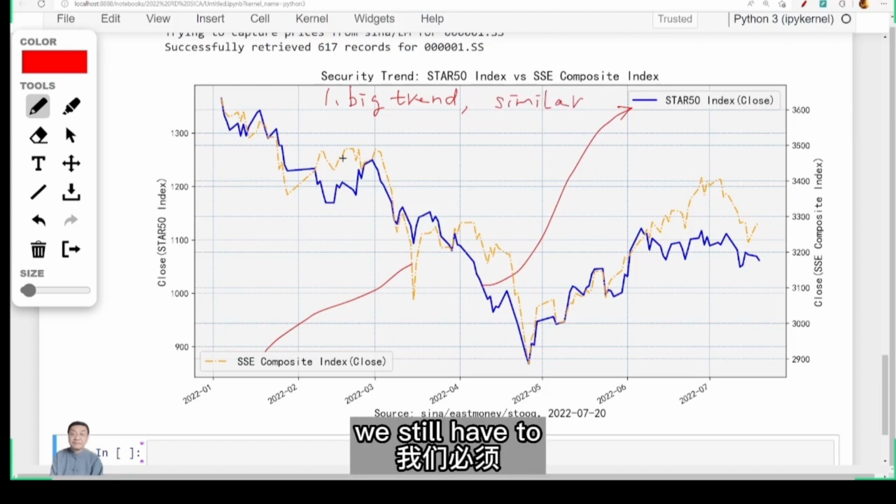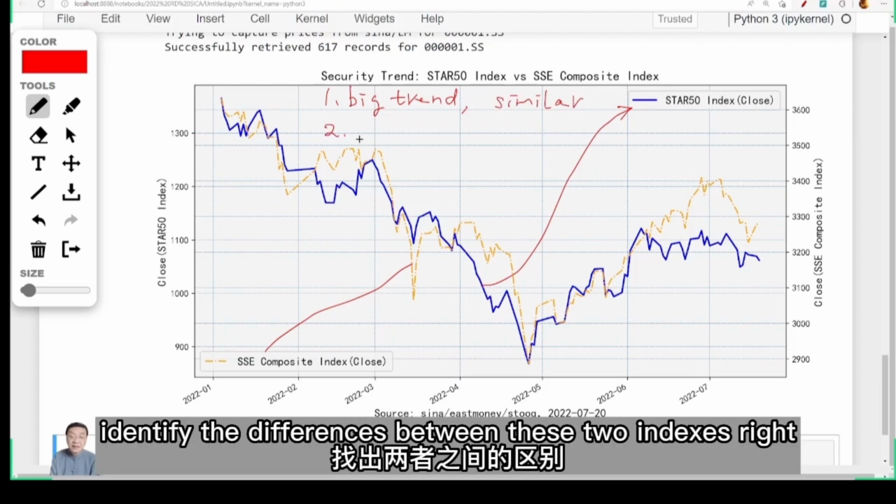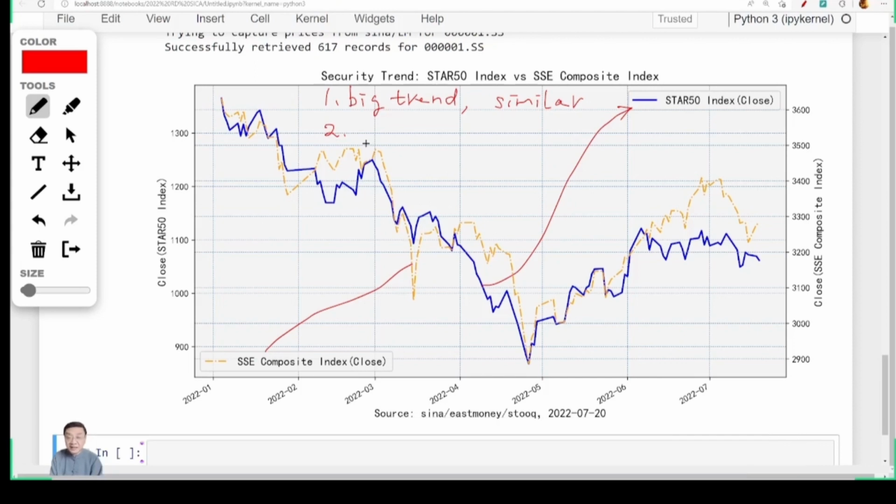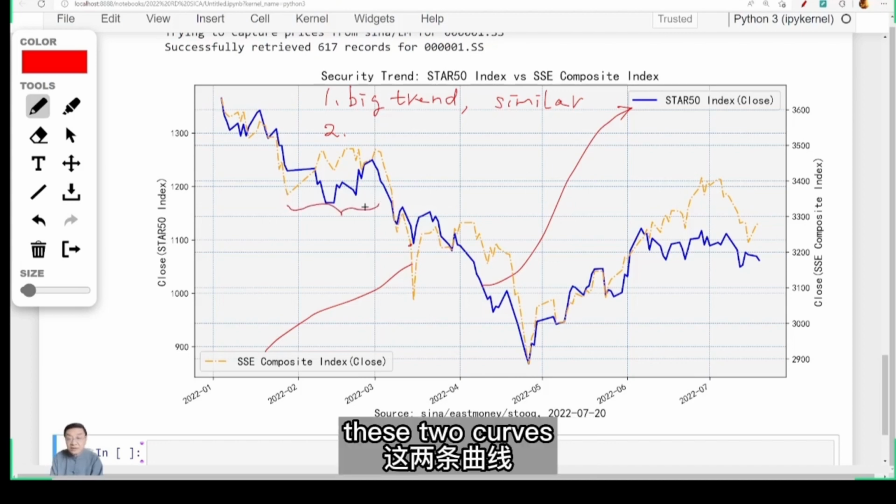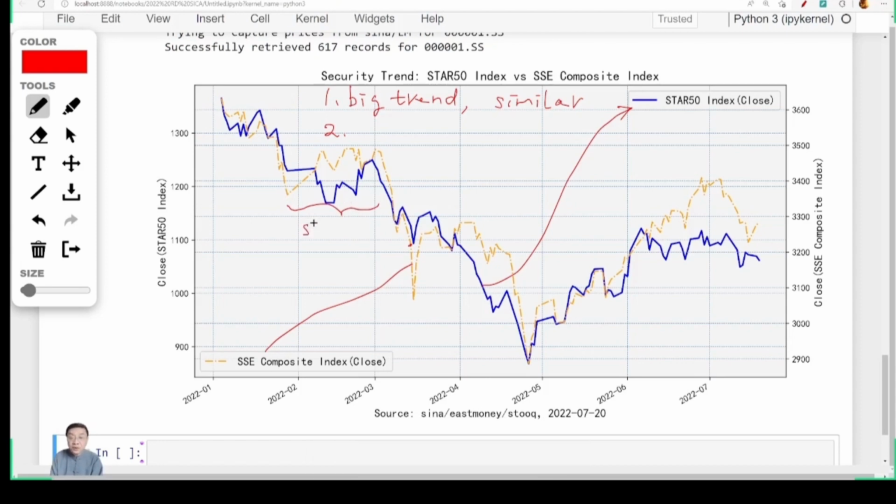Second point, we still have to identify the differences between these two indexes, right? We see that in some periods, these two curves are in different trends, in the short run.